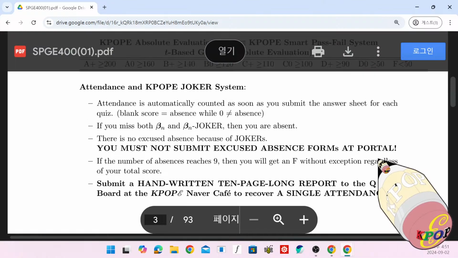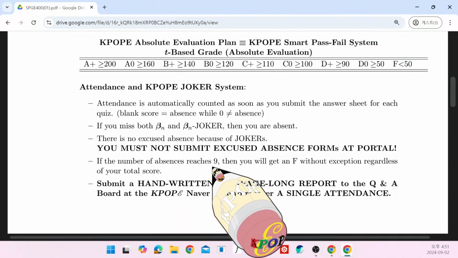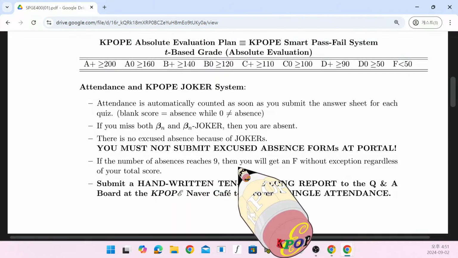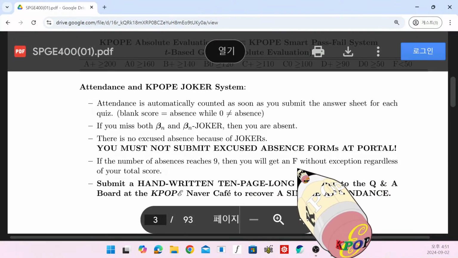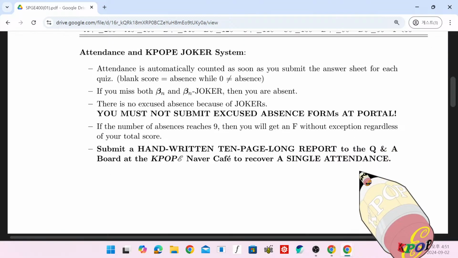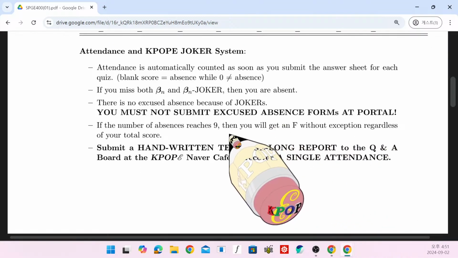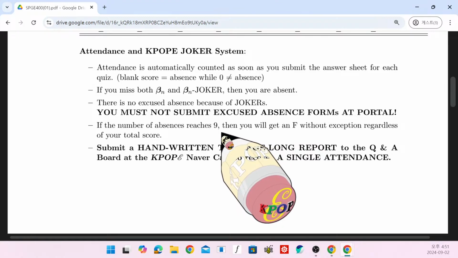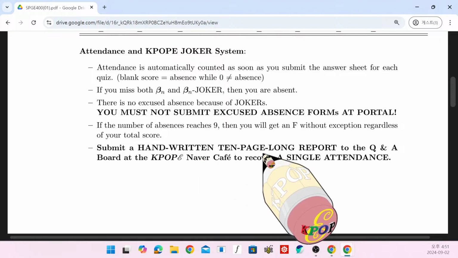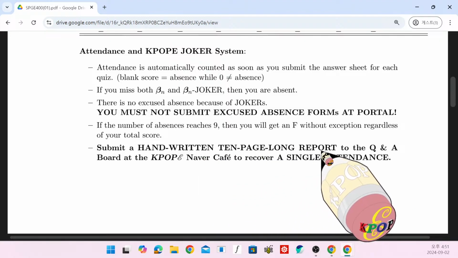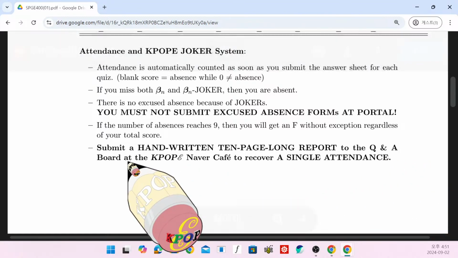However, we have another rule. If the number of absences reaches 9, your final record will be absolutely F. The only way to avoid this is to decrease the number of absences by writing a handwritten 10-page long report to the Q&A board publicly.